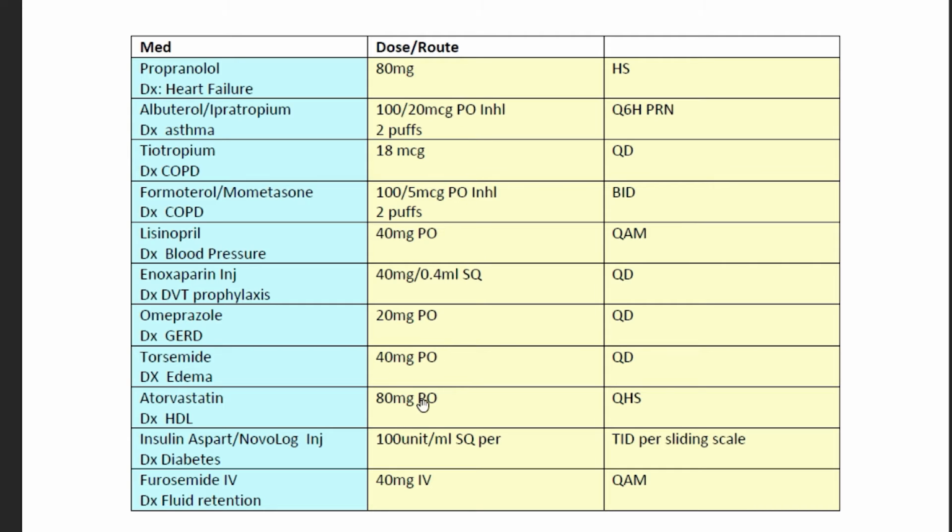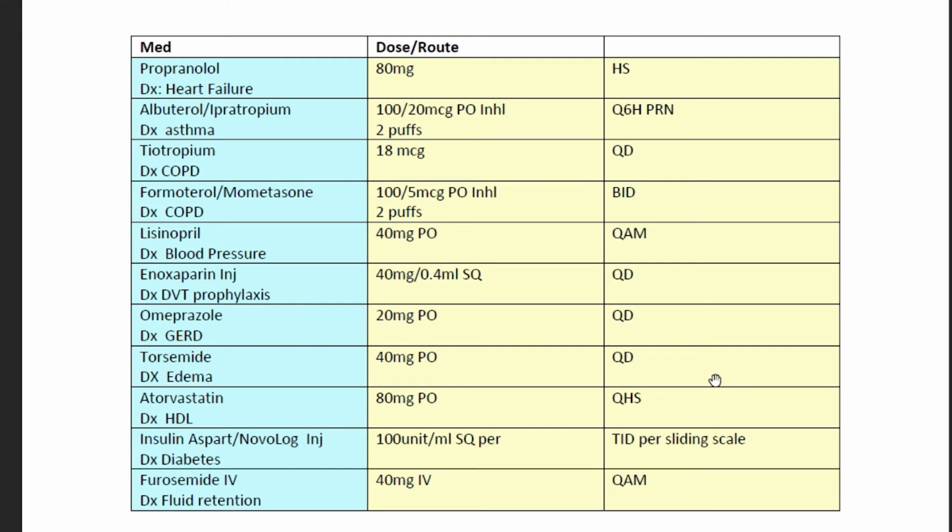It'll tell you the dosage. And then it should also tell you when to give it. So HS is going to be at night. You're going to have a time frame, so this one's every 6 hours as needed, every day, twice a day, 4 times a day, 3 times a day. It's going to tell you how it's being administered and when.